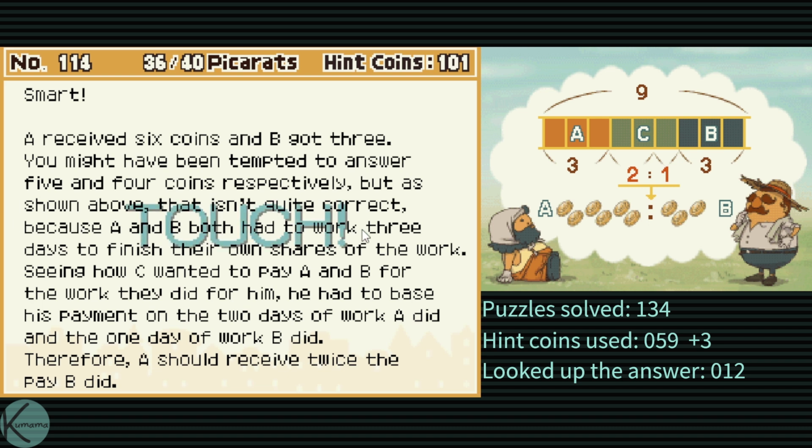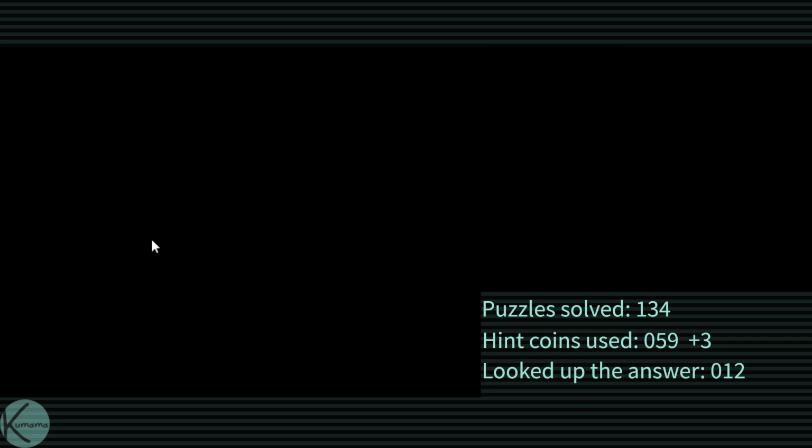Because A and B both had to work 3 days to finish their own shares of the work. Seeing how C wanted to pay A and B for the work they did for him, he had to base his payment on the 2 days of work A did and the 1 day of work B did. Therefore, A should receive twice the pay B did. I wasn't factoring in that those days were attached to their own fields, but that makes sense. Okay, all right, sure.